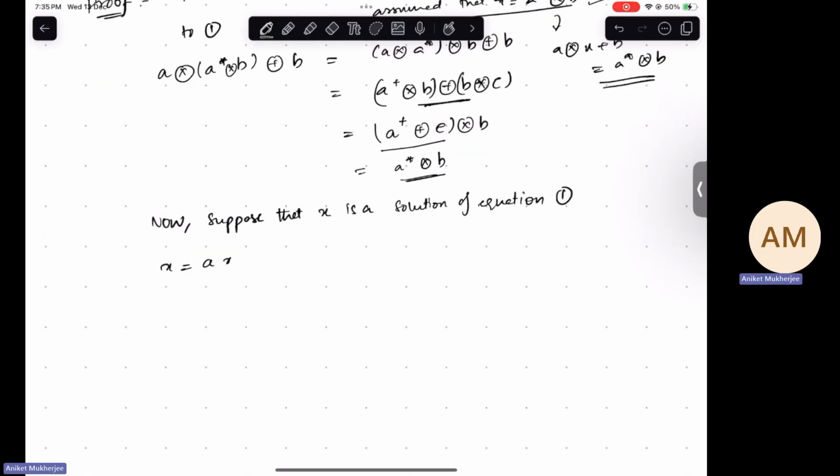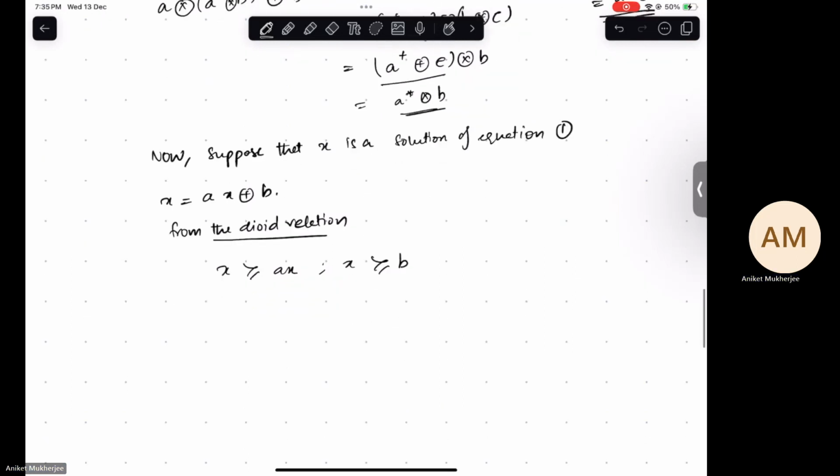Then X equal to AX plus B. And from the dioid relation we defined in previous class, we get that X is greater than or equal to AX and X is greater than or equal to B. And since we have isotone product, we can write, since we know X greater than or equal to X, this implies X is greater than or equal to AX.